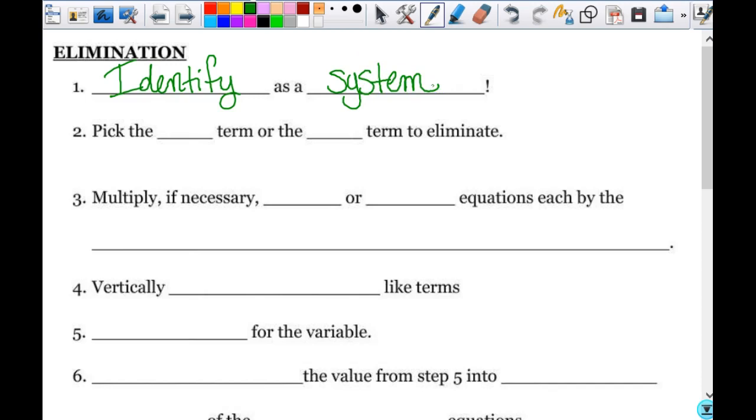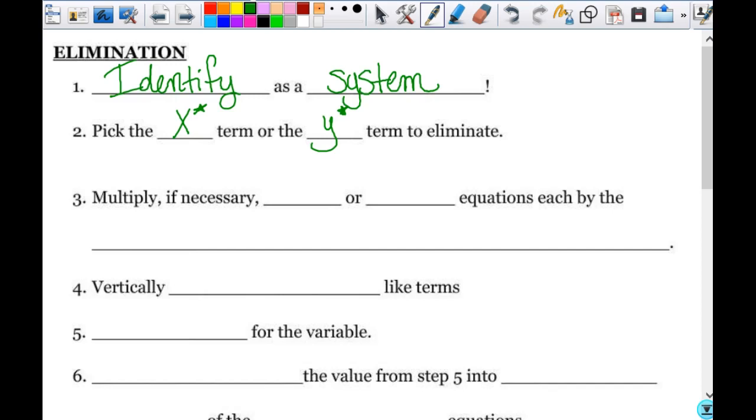So now we pick a term. Either, and I'm going to put the X term with a little star, or the Y term. And I'm putting the little stars there because we just talked about the fact that it doesn't have to be X or Y. So I should probably reword that sentence, but you know what I mean by that. So you pick one that you want to eliminate. And does it always have to be X or Y? No, you pick whichever one is the easiest that makes your life the easiest.